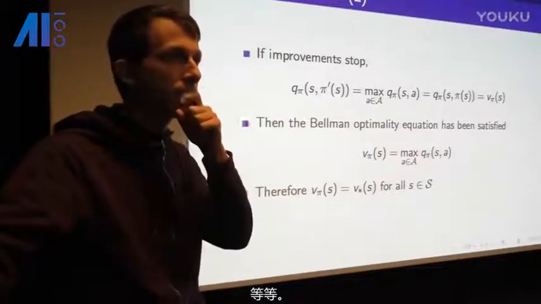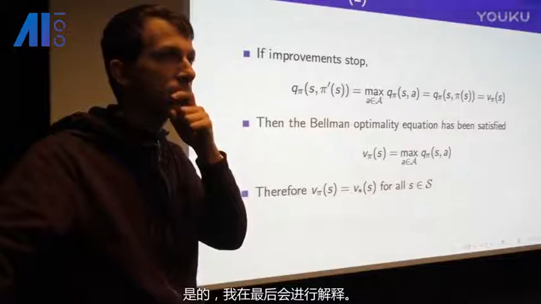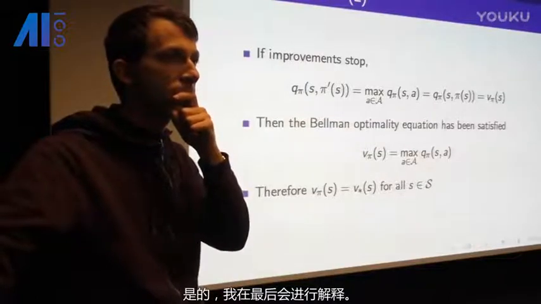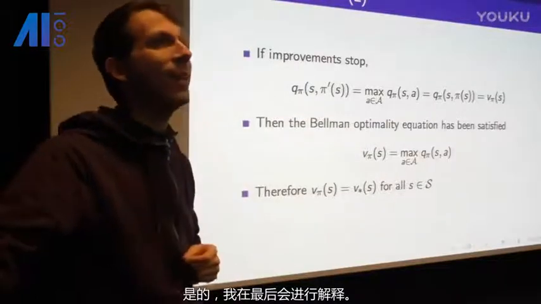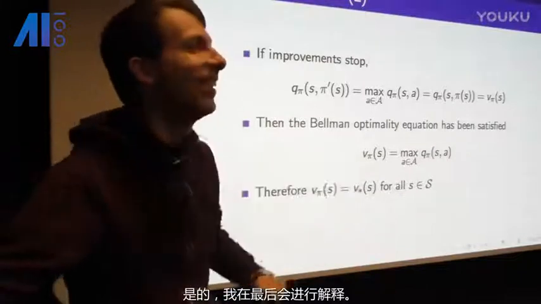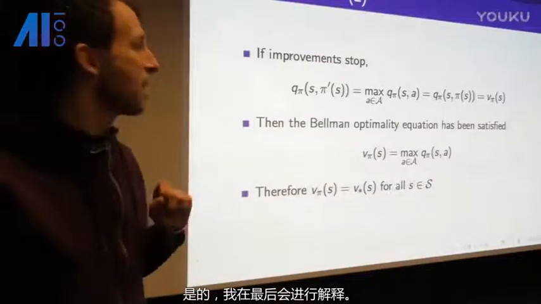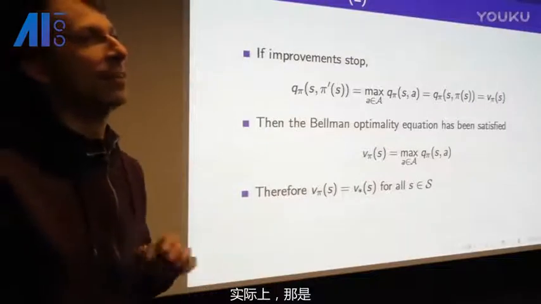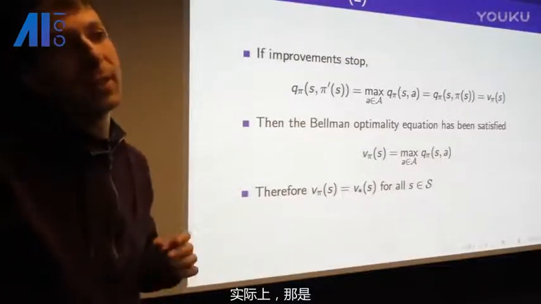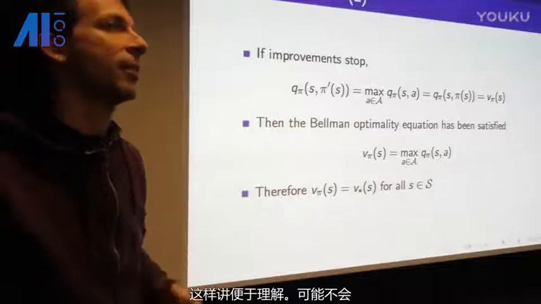Is there some kind of intuition to explain why you can't stop at a local maximum? Yes. I'm going to try and give that at the end, if it's okay. There's a contraction mapping argument, which I think is the easiest way to understand it.